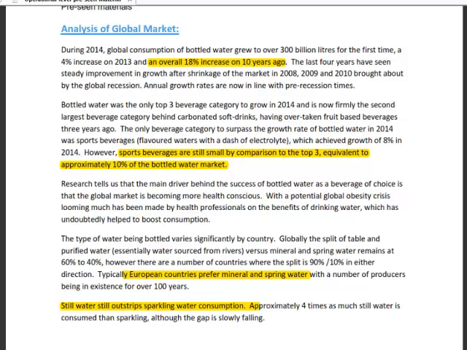We can see European countries prefer mineral and spring water, which is what Valley produces, and we can see that still water outstrips sparkling water consumption, approximately 4 times as much still water is consumed as sparkling. Although if you look at Valley Spring, you'll see that production is not 4 to 1, it's actually 50-50. So there's some production number here that goes against what the market is telling them.